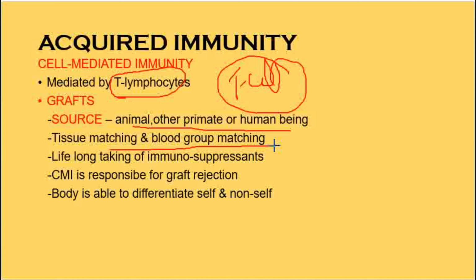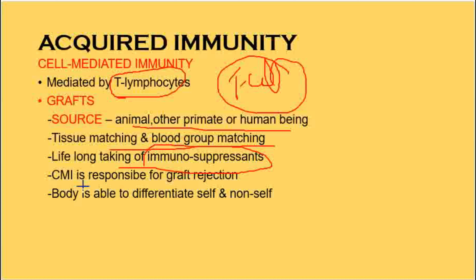And also you have to take lifelong immunosuppressants, because your immune system will detect the graft as a foreign material, as it's foreign to your body. So it will make an immune response to that graft also. So you have to take the immunosuppressant.